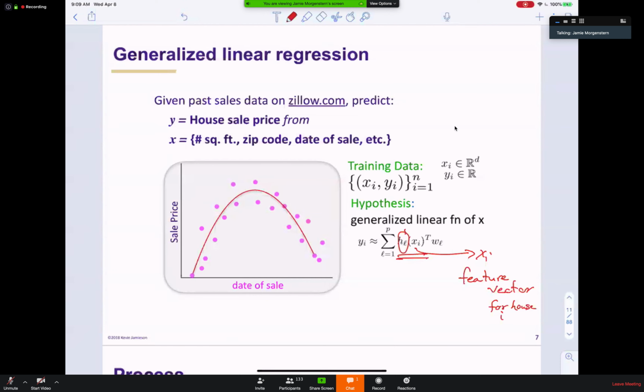I'll give a couple of examples in a minute. But we could take our initial representations of our houses, transform them into some other p-dimensional space, and then look at linear functions, again with linear weights over those representations.